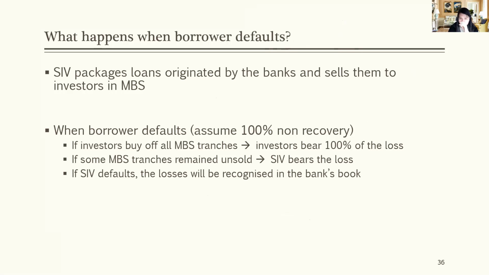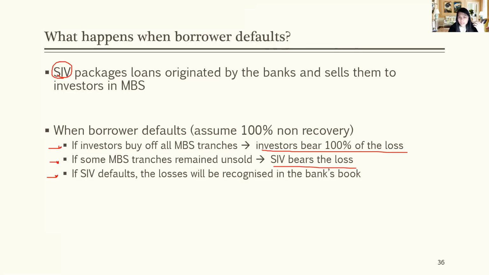So to illustrate the problem, when the borrower defaults, let's say 100% non-recovery, that means you lose everything that you lend to the people. If investors have bought all of the tranches already, then the losses are 100% borne by the investors. If the SIV has some unsold securities, then they bear some losses.